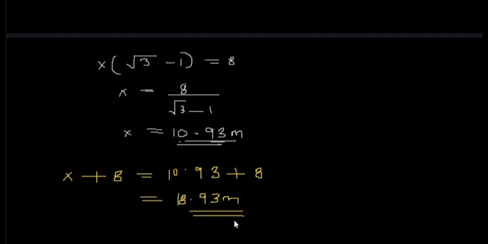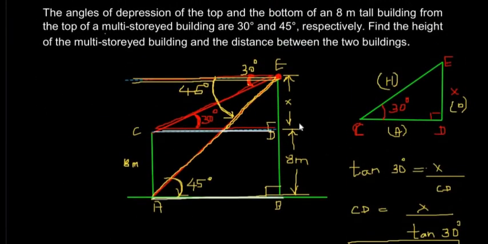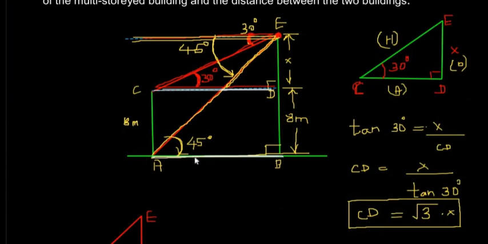This is the total height of the building. So this is how we find it. Now next they have asked us the distance between the two buildings. This is the distance between the two buildings, so we can take it as y.